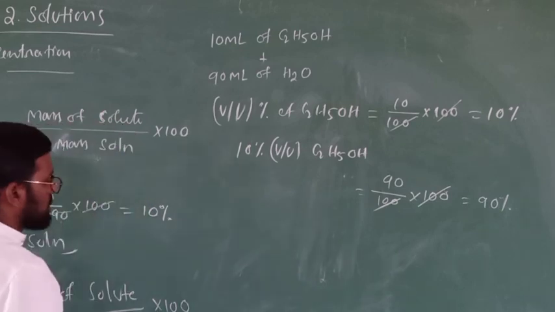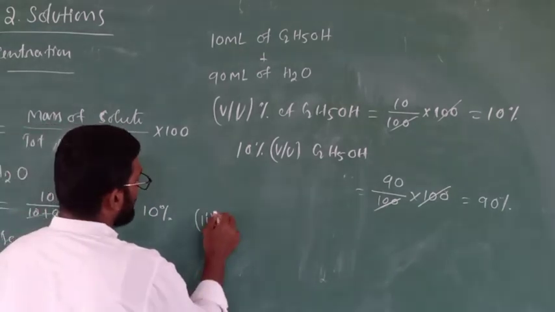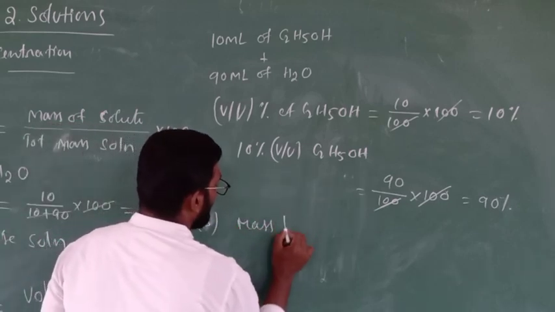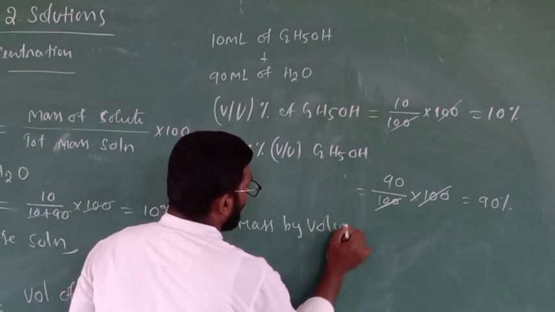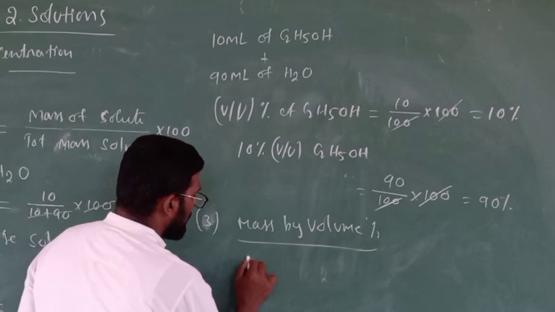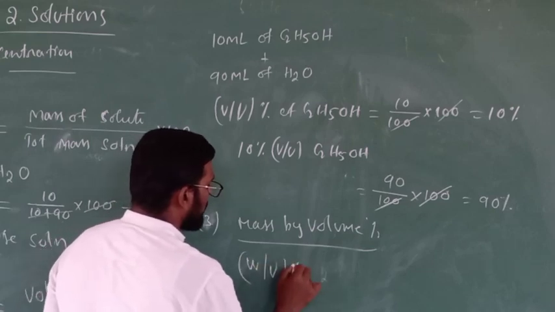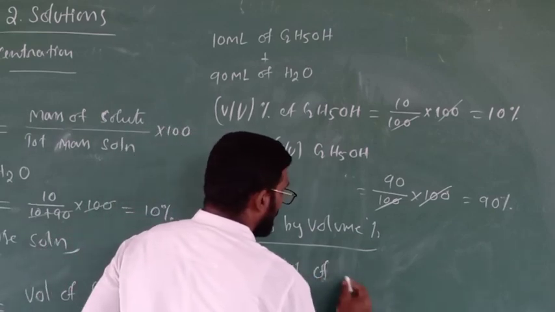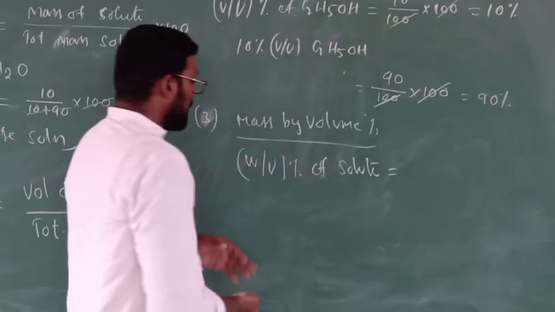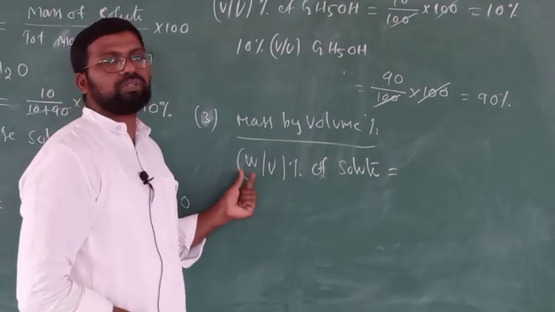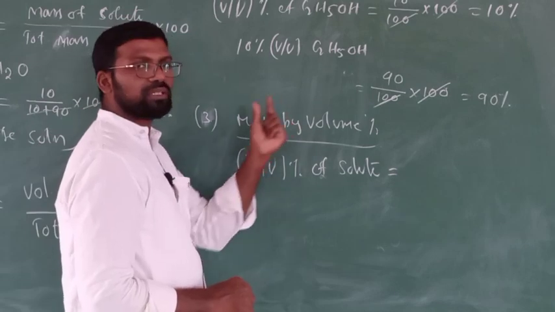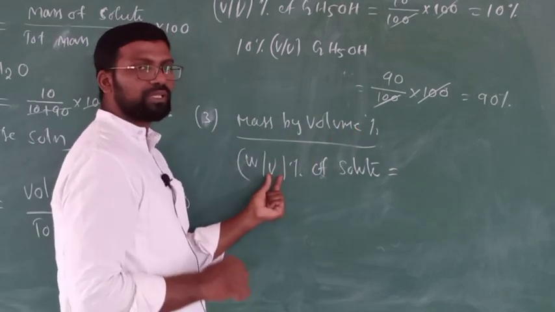Right. Next, the third method is mass by volume percentage. Mass by volume percentage of a component or of solute is equal to, here see, mass by volume means mass will be in the numerator and volume in the denominator.